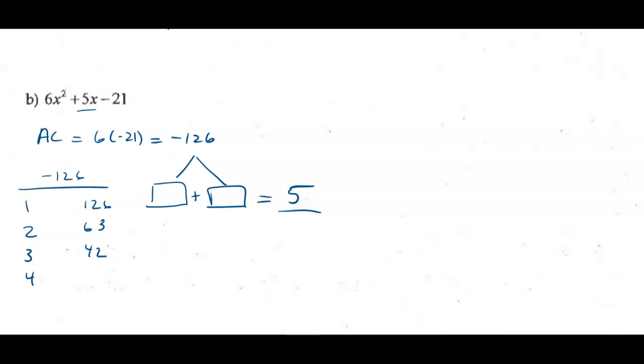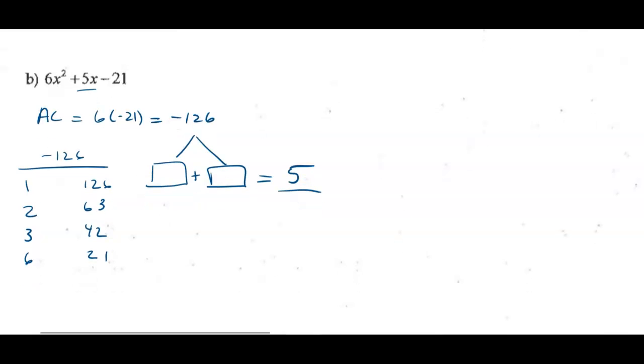126 divided by 4. That doesn't even work. You can't do 126 divided by 4. You can't do 126 divided by 5. Do 126 divided by 6. 6 and 21. Okay, this is honestly the only way to do it when you have big numbers. 6 times 21 gets me 126, but that does not get me to 5. 7, that doesn't work. 8.